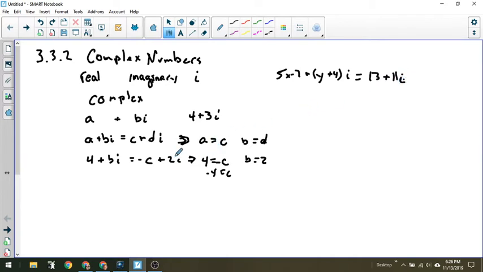What that means by this definition of equality is that the 5x minus 7 has to equal the real part over here. It has to equal 13.